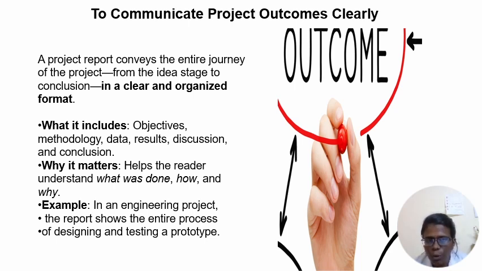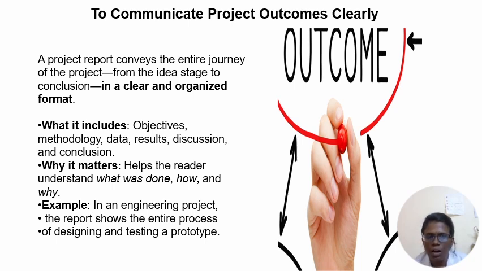The entire report has the methodology, data, results, everything. What is the aim and what are the conclusions? What is actually to be accomplished in this project? What is the hypothesis? What is the objective and hypothesis, and how the results and conclusion come out?